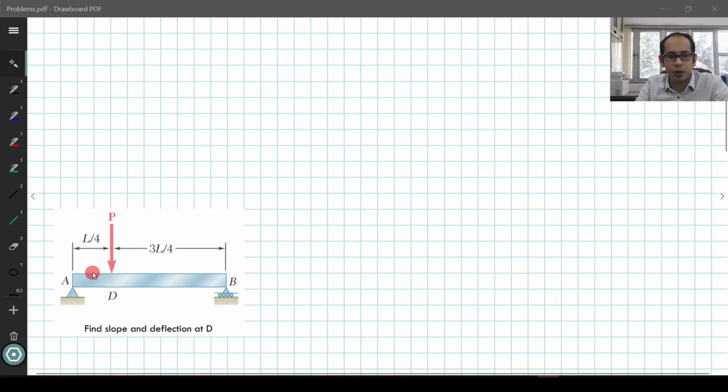So here you have essentially two regions, region 1 from 0 to L over 4, and region 2 greater than L over 4, where you have to find the expressions for the moments, and as a consequence you will get four constants of integration, because you are dealing with two regions of the moments. We'll write the expression and you will see soon.